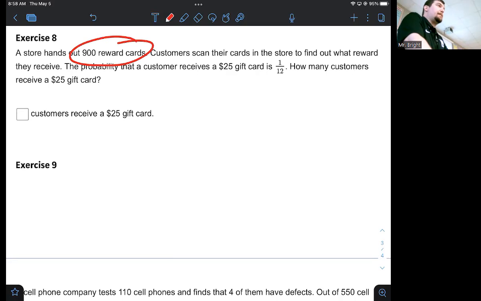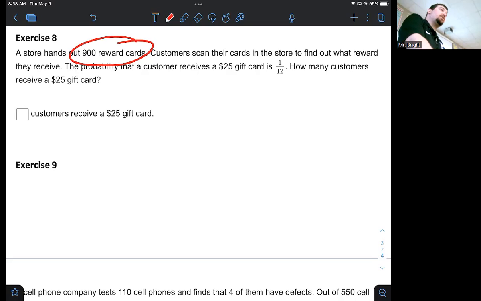Not yet. I want something first before we do any multiplying or any dividing. I want to write something down first. You're making a prediction. You're going to need a proportion.